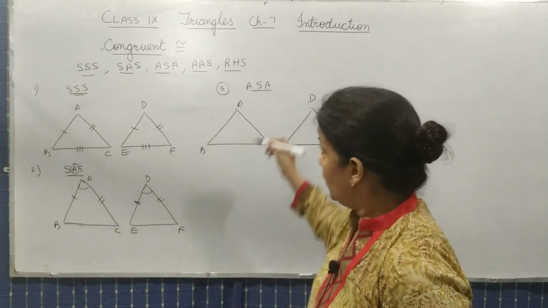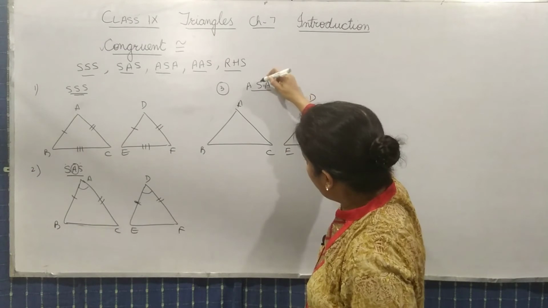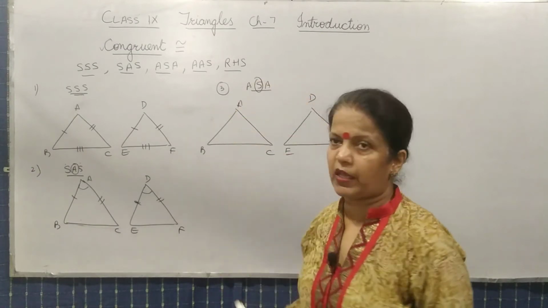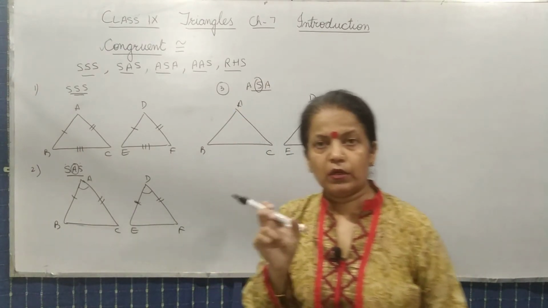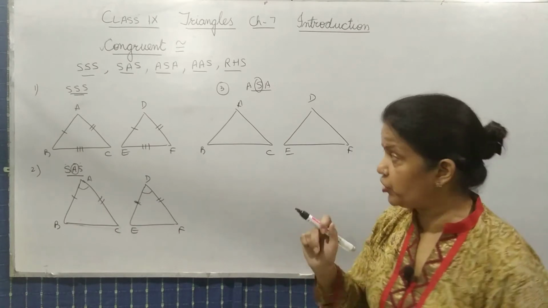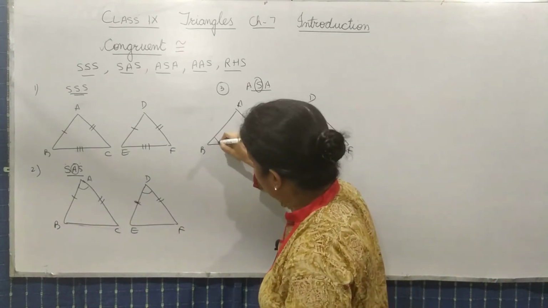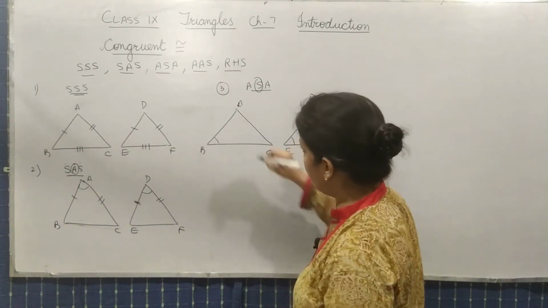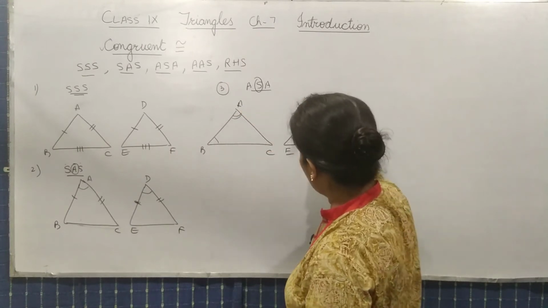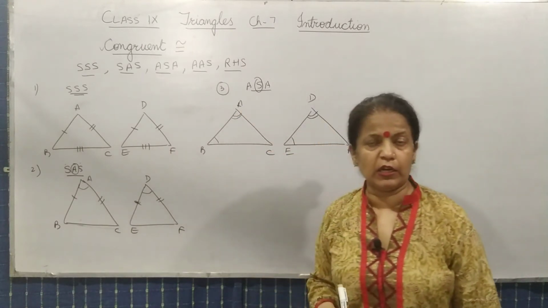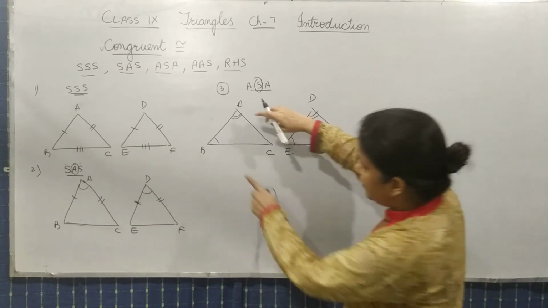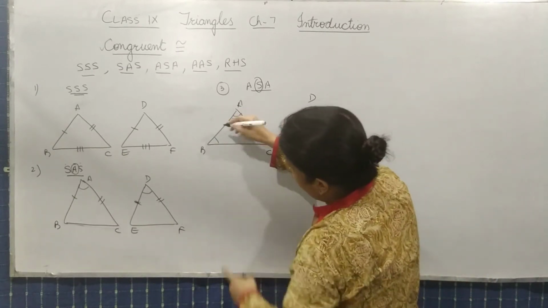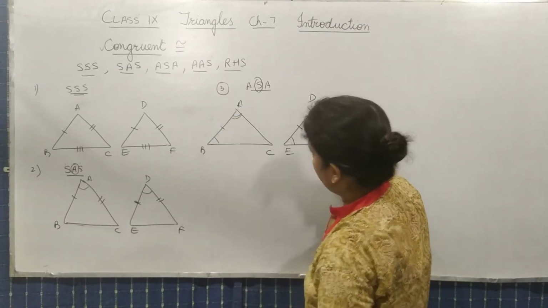It means two angles, and in the center the side is written, in between the two angles. So if we take these two angles, let this angle be equal and this angle be equal. So what should be the included side? This side is coming between both angles, isn't it?